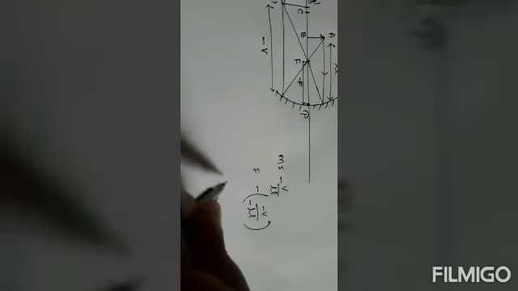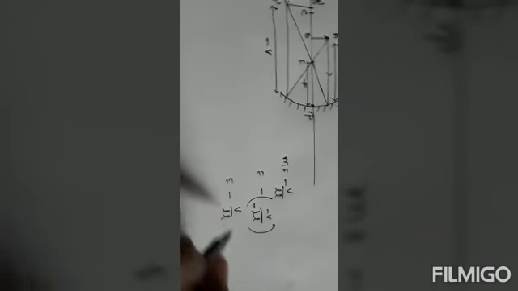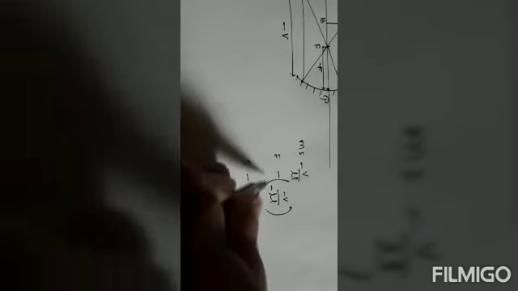So we can write minus of v by u. So we can prove that when magnification is negative, then the image is real and inverted, and when magnification is positive, then the image is virtual and erect.